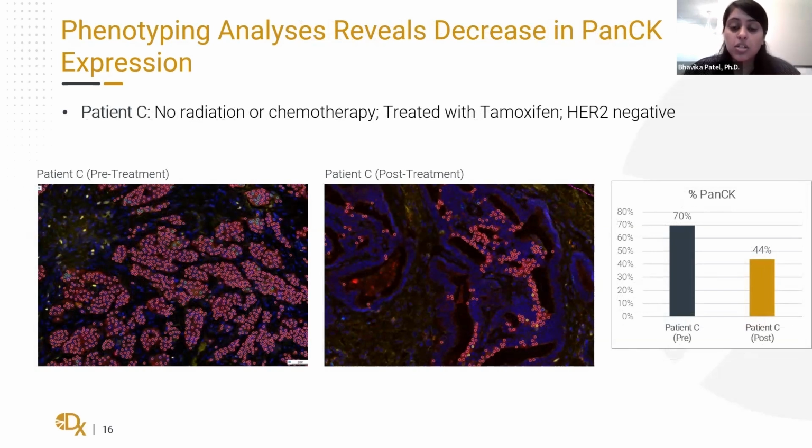Similar to the previous patient, we see many pan-CK positive cells indicating tumor cells throughout this biopsy. However, post-treatment, the tumor cells significantly decreased from 70% to 44%, indicating that the tamoxifen did greatly impact this patient in a positive way, as well as post-treatment after receiving the neoadjuvant chemotherapy, it helped reduce the number of tumor cells that were present.